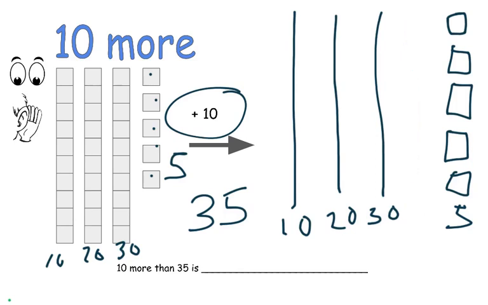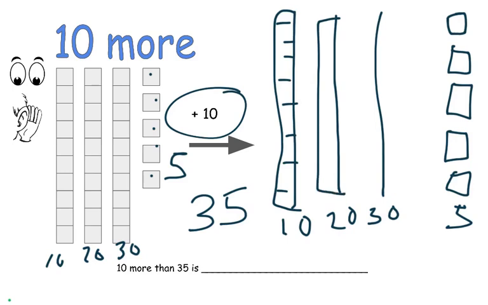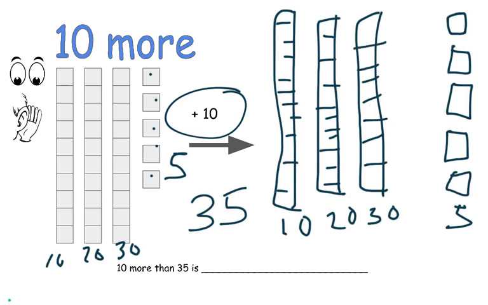Or if I drew out my sticks, it would look like this. We'll say that's 10. 1, 2, 3, 4, 5, 6, 7, 8, 9, 10. Good. So we have our 30. Now I'm going to draw one more.